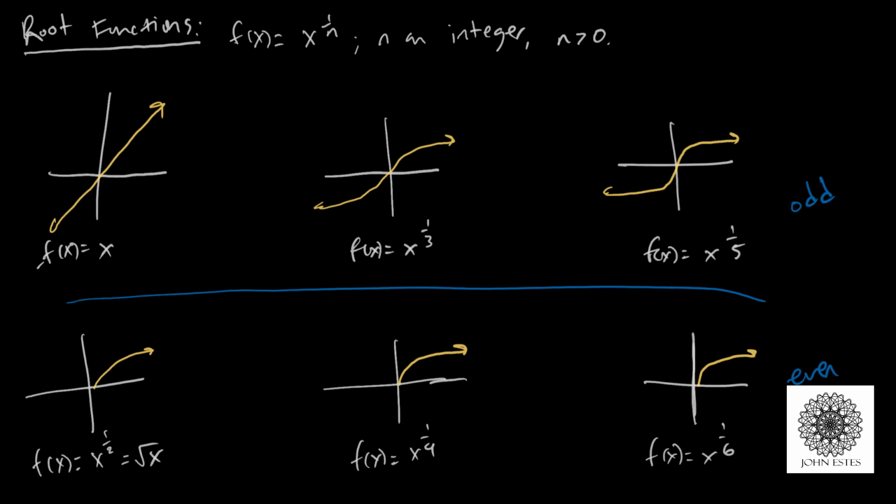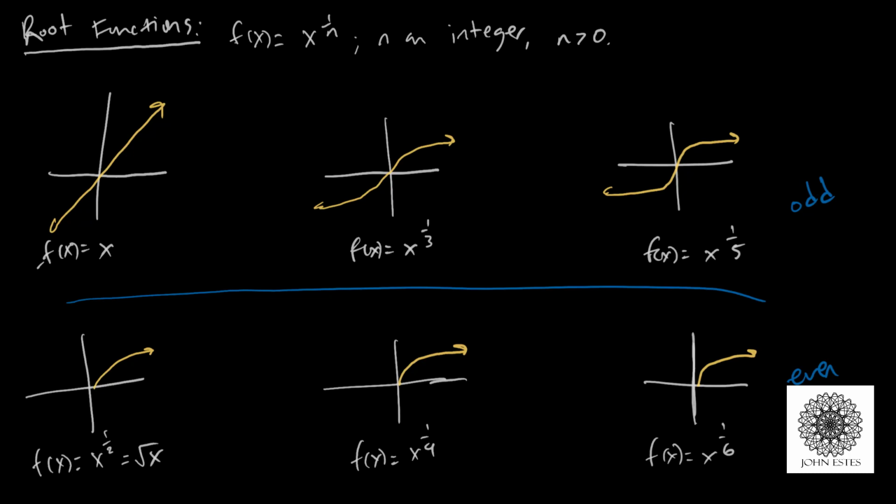X to the 1/3, you have that same shape in the first quadrant, but we also have some sort of reflection of that down in the third quadrant. In general, the odd roots are going to look like that. You're going to have some sort of square root shape coming from both directions, where the evens, like the 1/2, the 1/4, the 1/6, for example, they're all going to just be in that first quadrant.